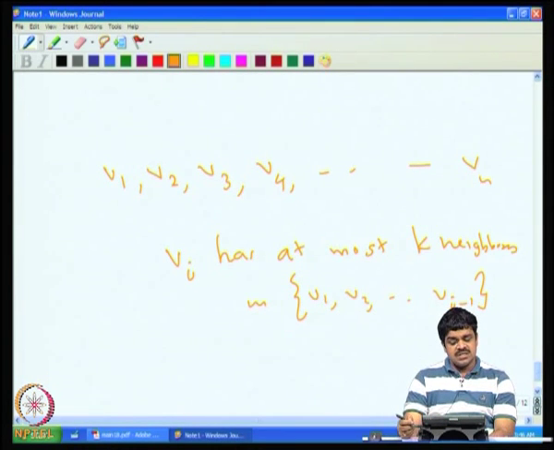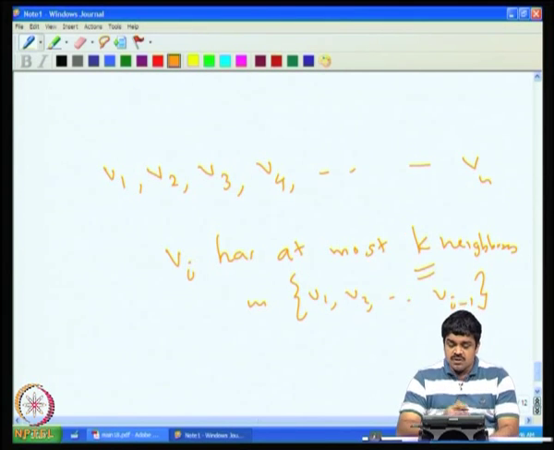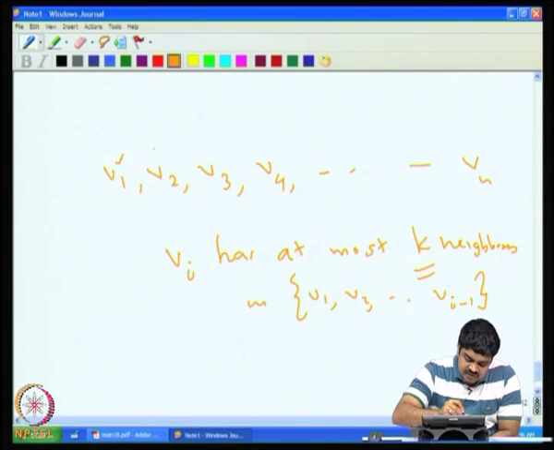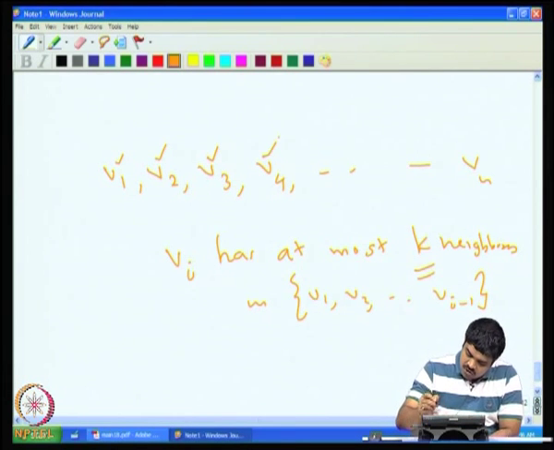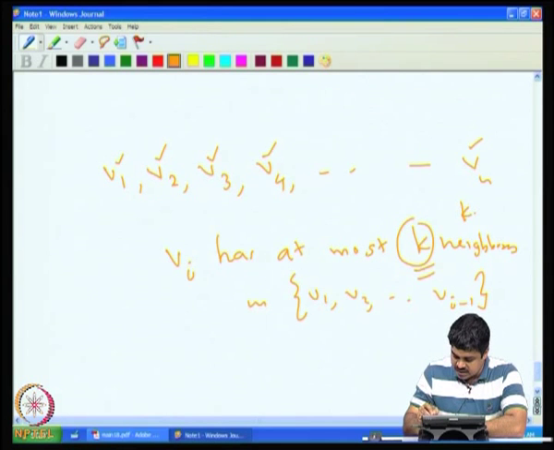Now the same k can be an upper bound for the size of the list, so that we can come up with a coloring of the graph. In other words, the choice number, or the list chromatic number, can also be upper bounded by the same k. How is it so? Because now to each vertex we are associating a list of size k plus 1 or more.